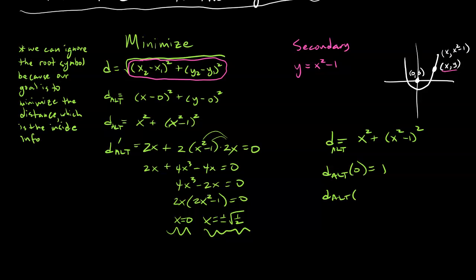And then I'm going to plug in square root of a half, and that would give me 1/2 plus 1/2 minus 1 squared. Three-fourths?